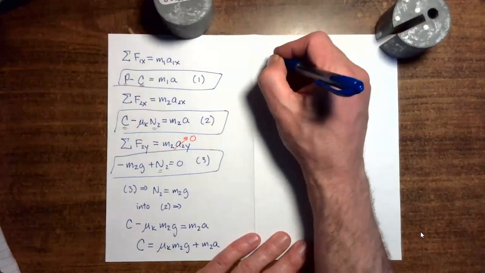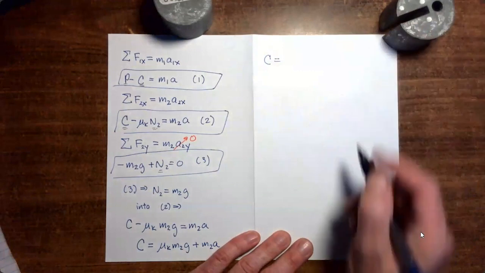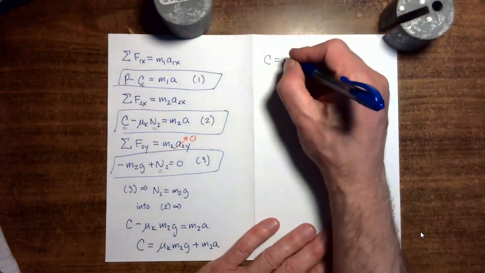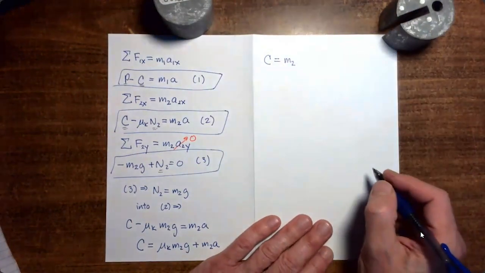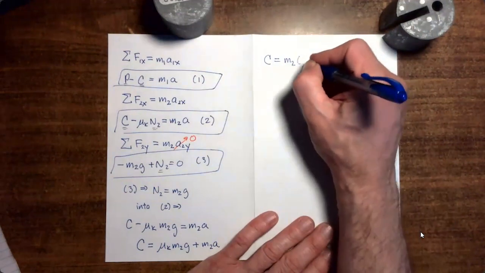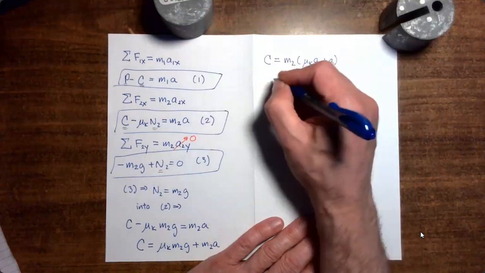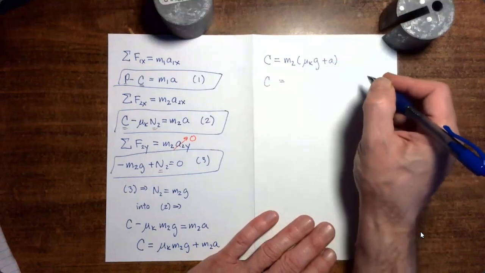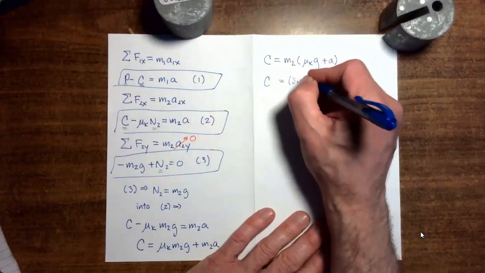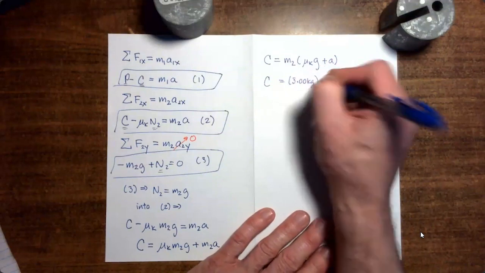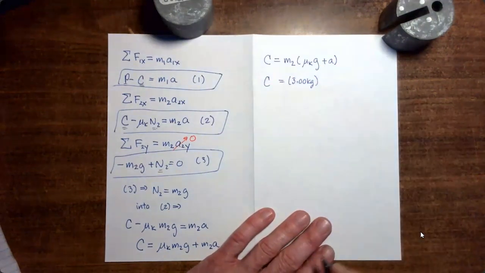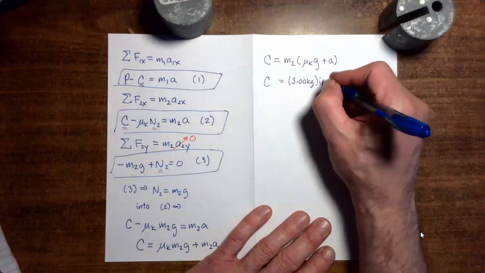Now let's make the numerical substitutions for C. Actually, let me pull out that m2 first. So we have C equals m2 times quantity mu k g plus a. So m2 was 3 kilograms. Mu k, 0.6.